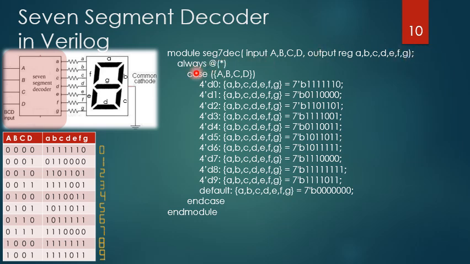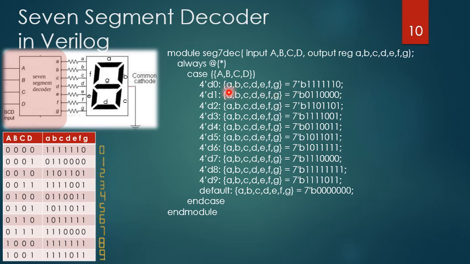In this example, I again use a procedural block and the condition. You can see here the output is of type reg for A, B, C, D, E, F, G, because they are generated by this always block, which you can find at the left-hand side of the equal sign.